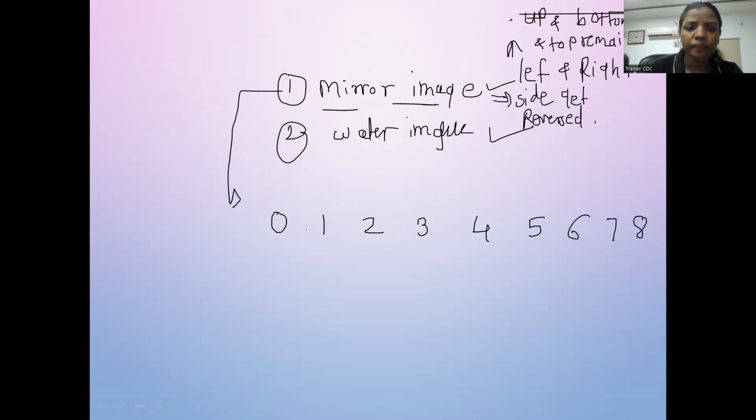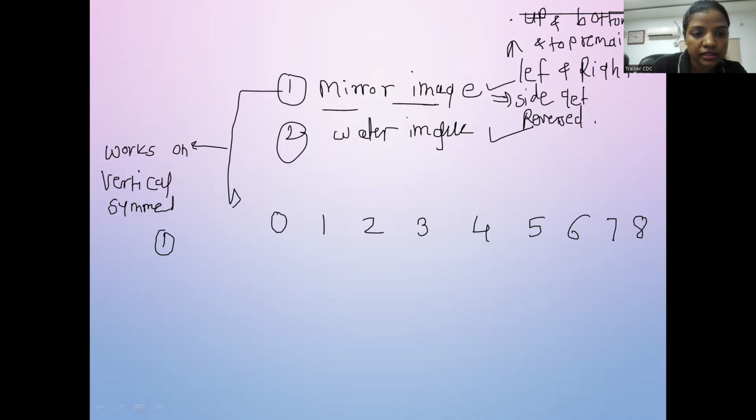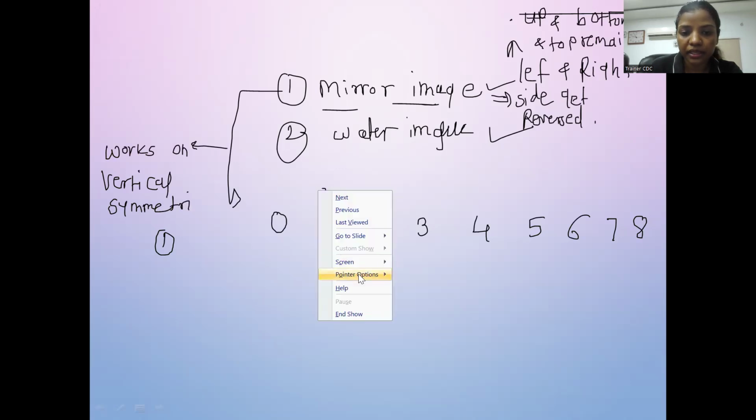That's it. Now, one more thing you should learn here in mirror image is that mirror image always works on vertical symmetry. See, now we are only talking about mirror image, so it is good to erase the water image part now, right?